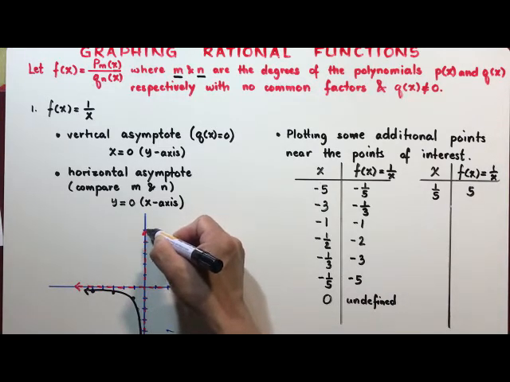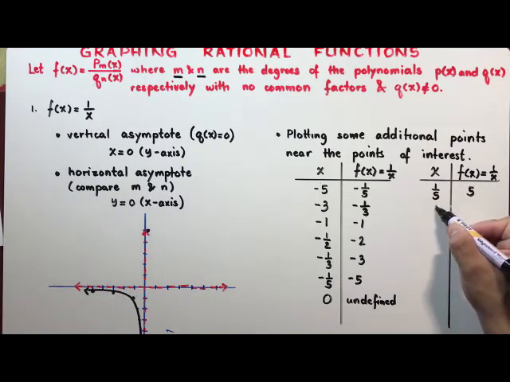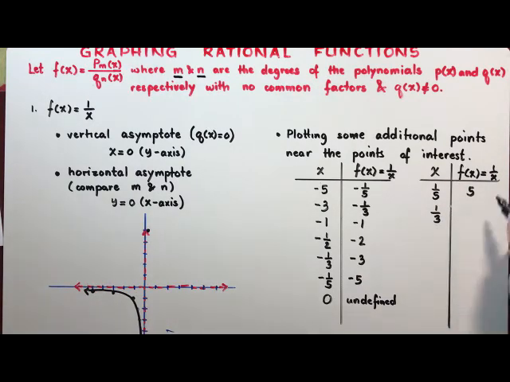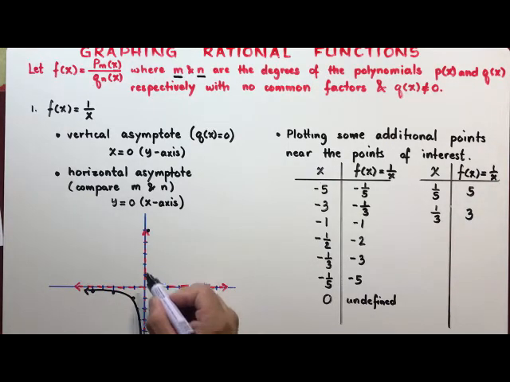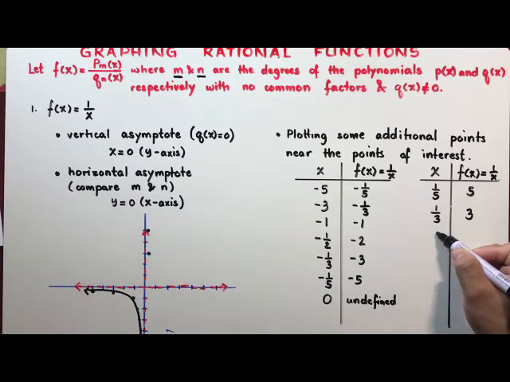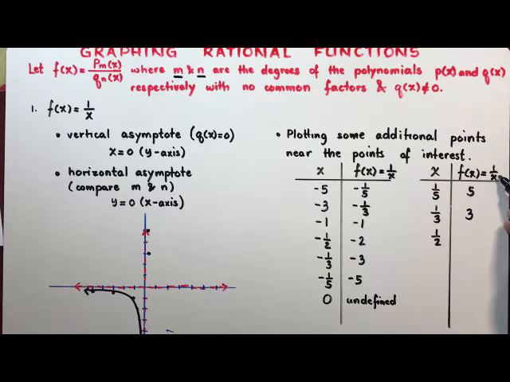So it's here. But if your x is 1/3, substituting it here, 1 divided by 1/3, that is 3. So if your x is 1/3, it's 3. It's here. And if your x is equal to 1/2, substituting it here, 1 over 1/2, it's 2.